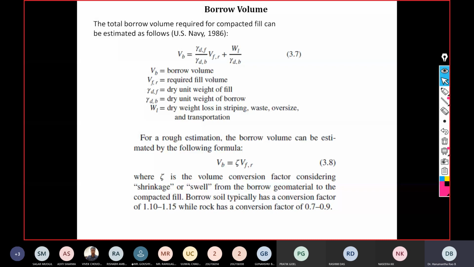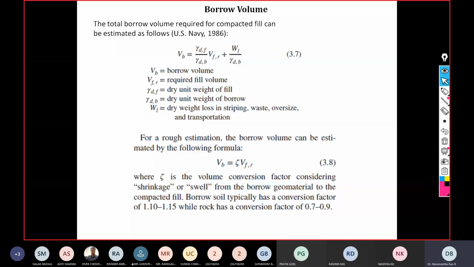And there are other things, because since we don't know the particle sizes, according to all these things, we determine how much volume of the soil is to be excavated in the borrow area.